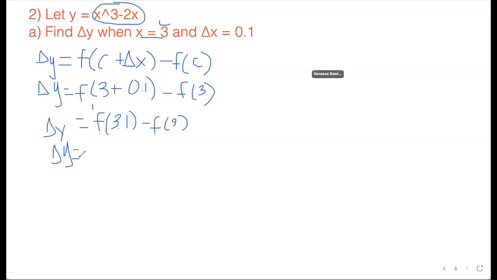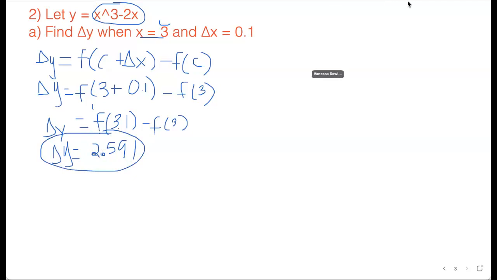When you go ahead and subtract them, I got approximately 2.591. You can check my math on that. So something around 2.6. Okay, so there is our change in y.